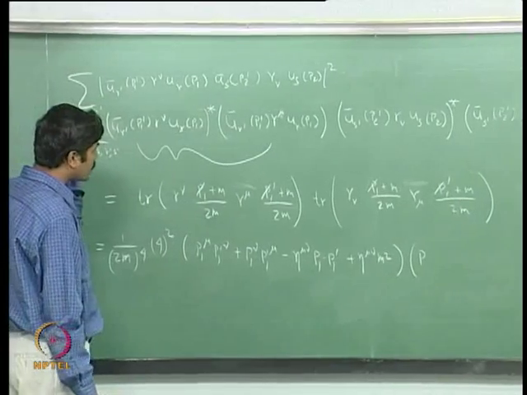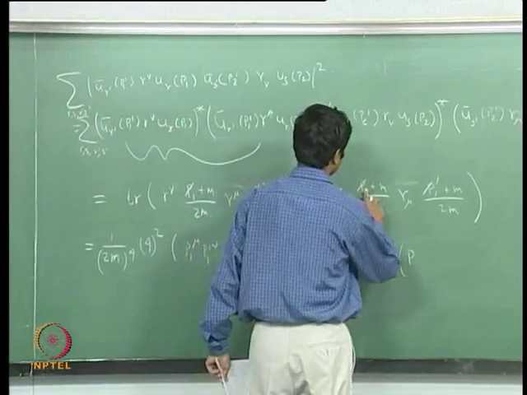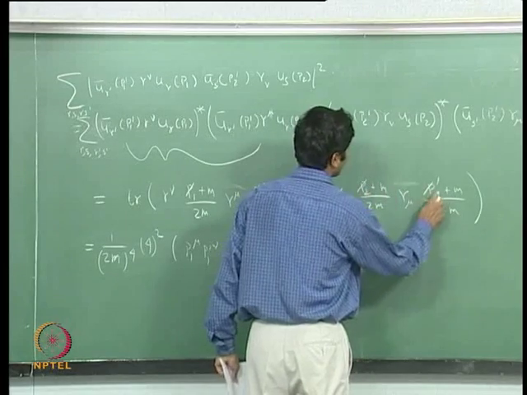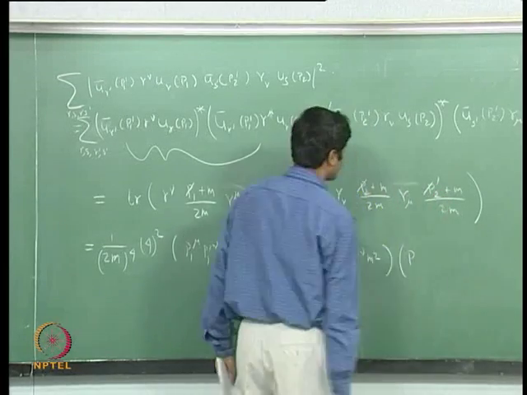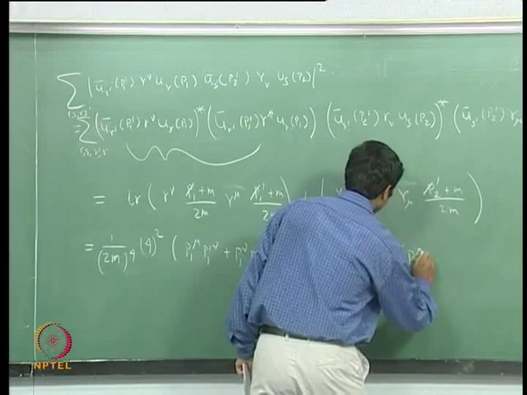Second trace has P2. Okay, good, thank you. So, this is P2 and P2 prime. So, all I will get is P2 mu.